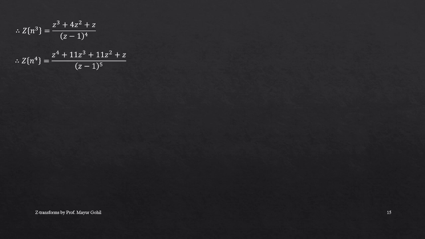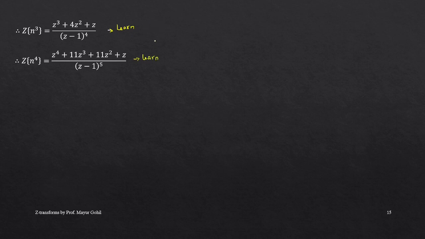Also the z transform of n raised to 4 is given in this way: z raised to 4 plus 11z cube plus 11z square plus z over z minus 1 whole raised to 5. I would request you to learn these formulas because they are going to be very important when we go for something called inverse Z transform.